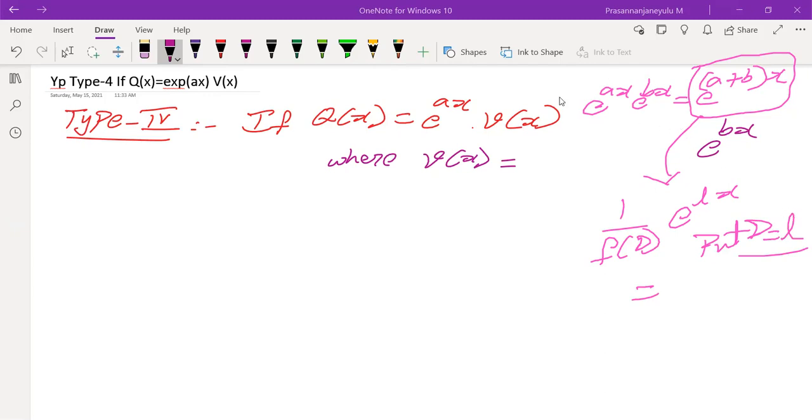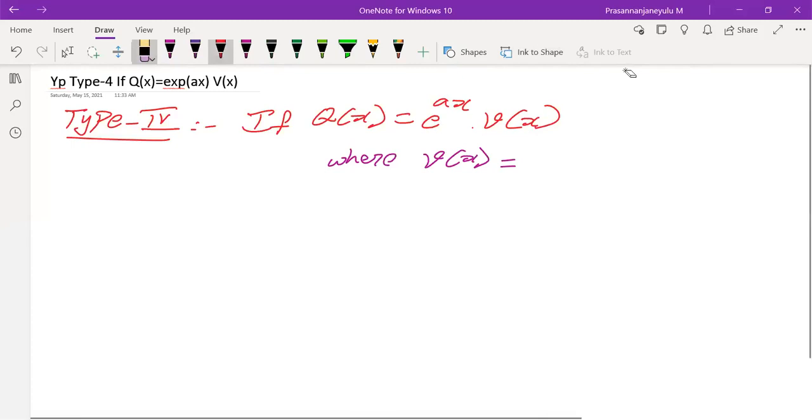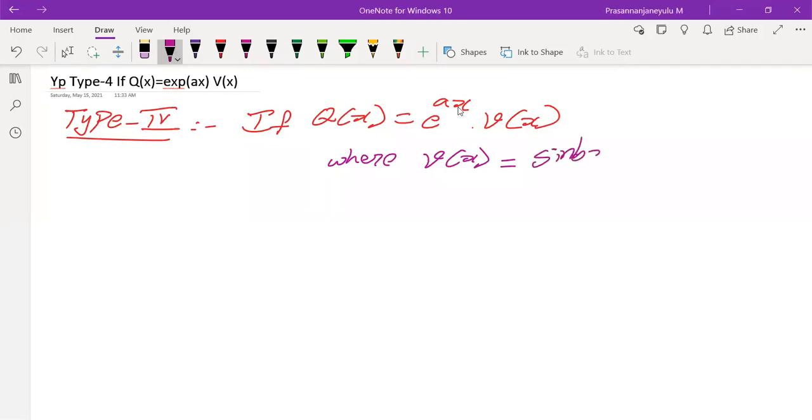But because of that reason, I am not going to take e power bx. If it is e power bx, you can easily convert it directly. But v of x may be, in the second case, sine bx or cos bx.